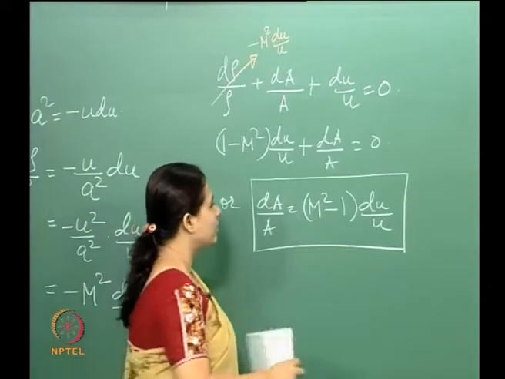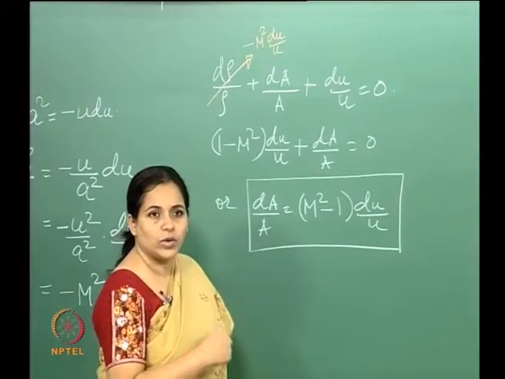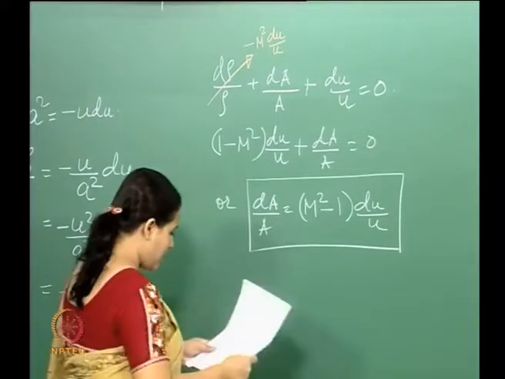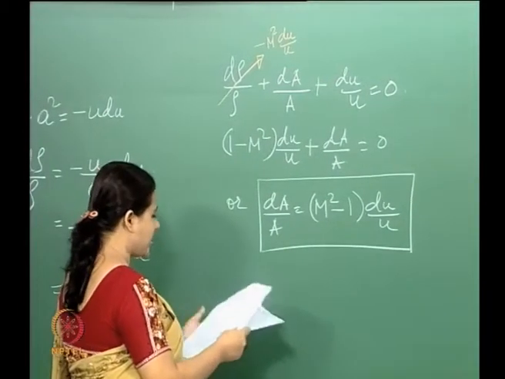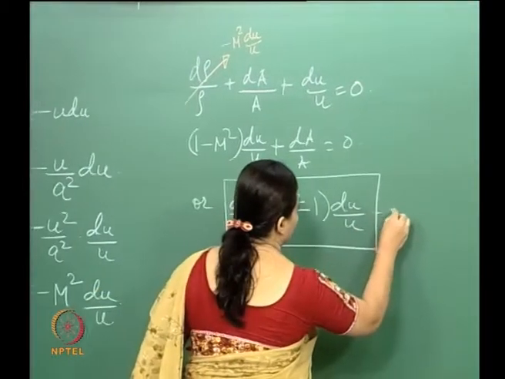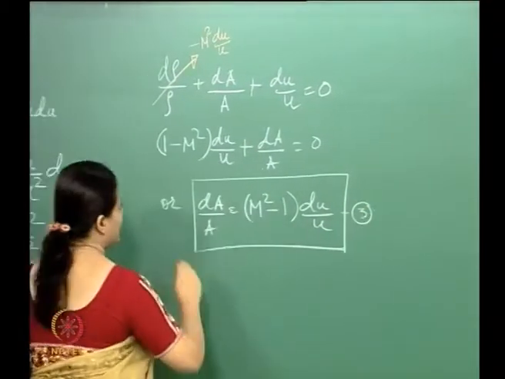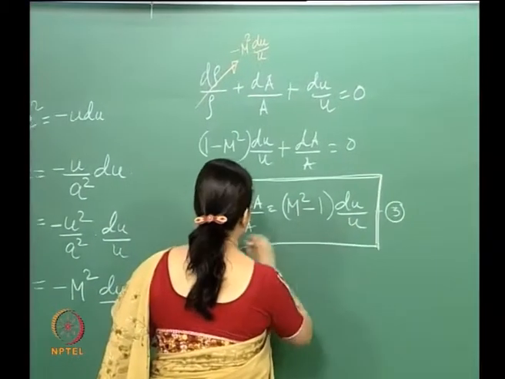Now, let us hold this equation dear, and we are going to come back to this and see what this physically means. Let us call this the area velocity relationship, equation 3. We are going to revisit this in a bit.